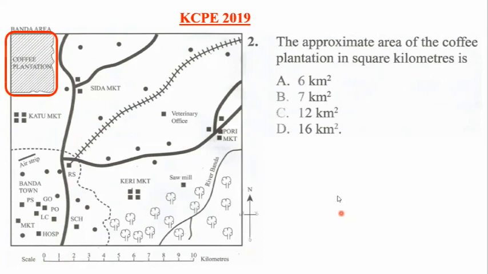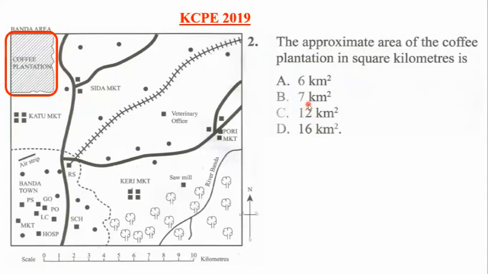Now, if you find the answer is not here, remember we are talking about the approximate area. You may have made a small mistake. So long as you started from 0 when reading the measurement, you will definitely get the answer. Even if it does not come to 12, you may get 11, 13, or 8.